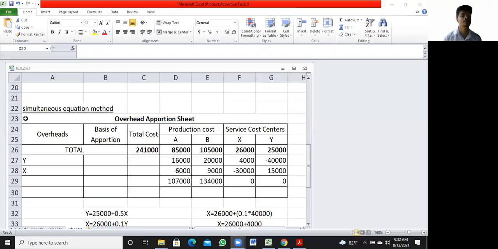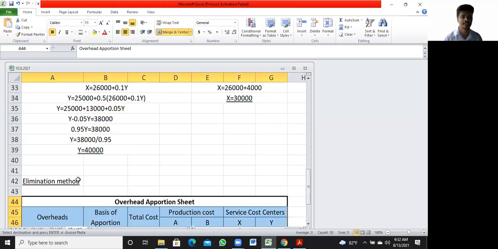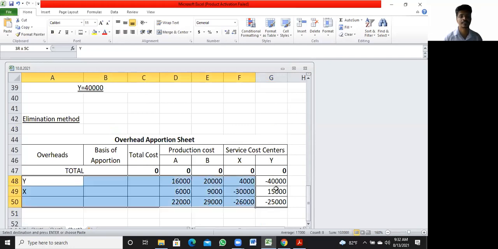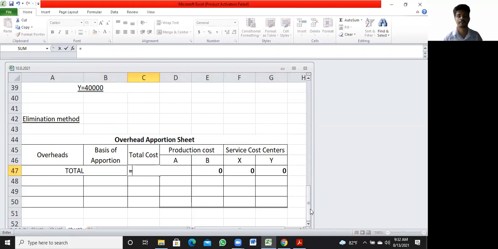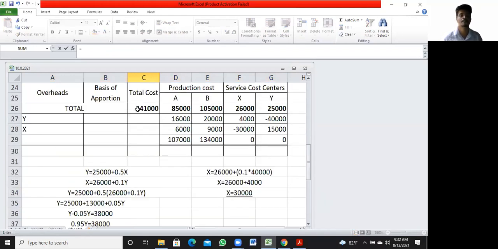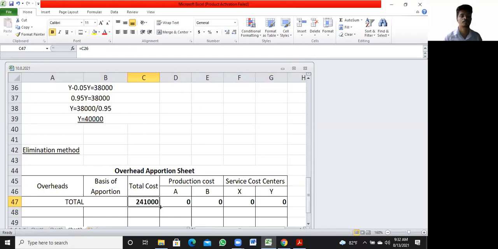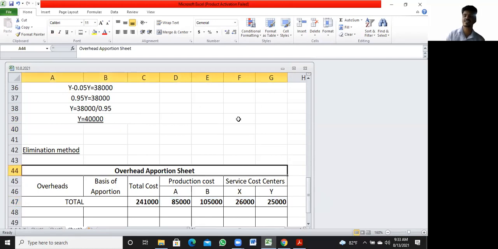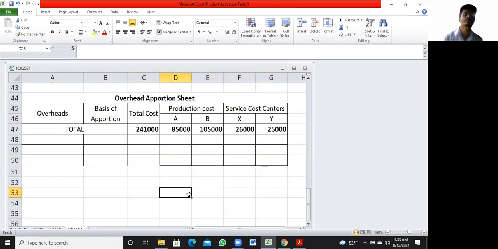Okay, we are going to do the same sum according to the elimination method. Let's see, we can get the totals. In the elimination method, first of all, we identify the most important service cost center, simply that which has the highest cost.